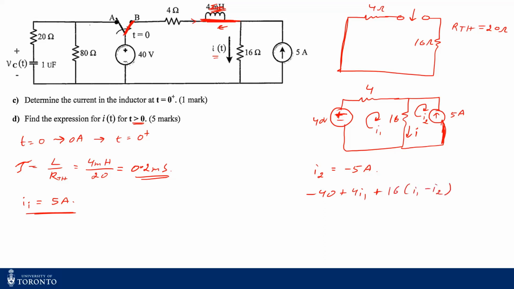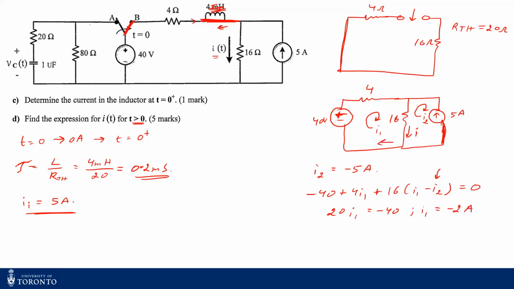So I plug my I2 in here and simplify the equation. Then I get 20 I1 equal to minus 40, so my I1 is just minus 2 ampere. So what's my I?